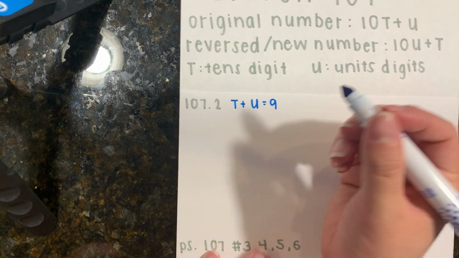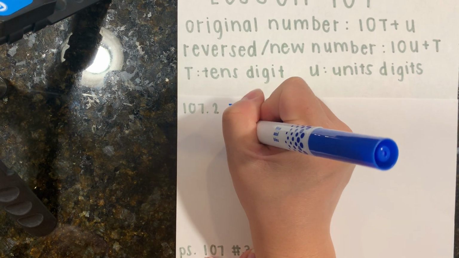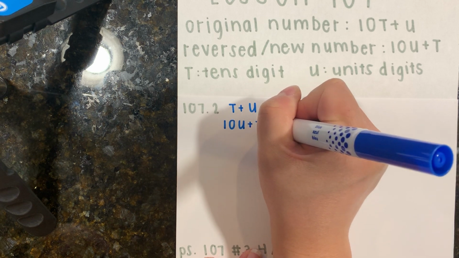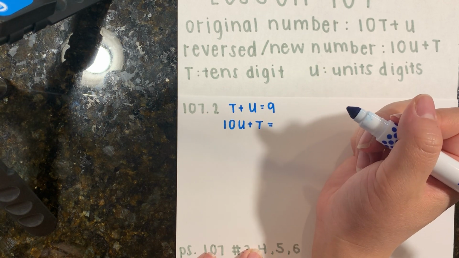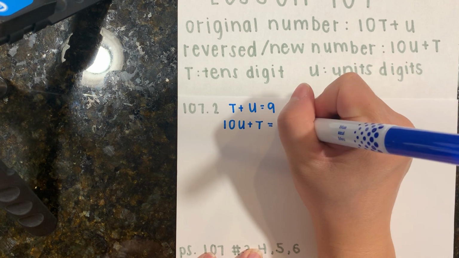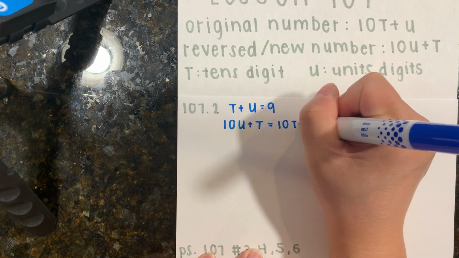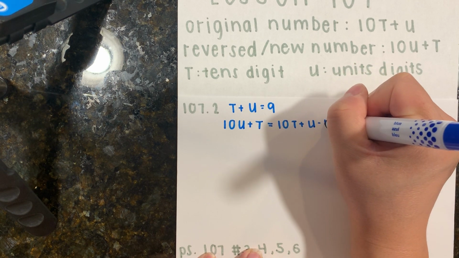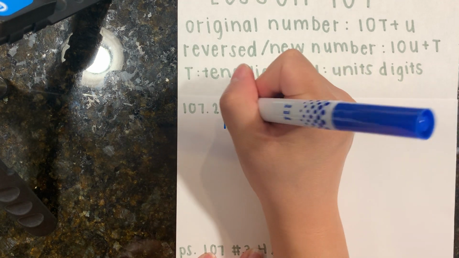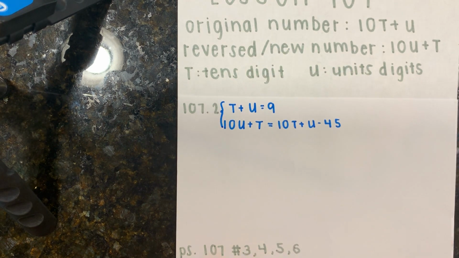So the new number, 10u plus t, was 45 less than the original number, 10t plus u, and then minus 45. This time I'm going to end up doing elimination.